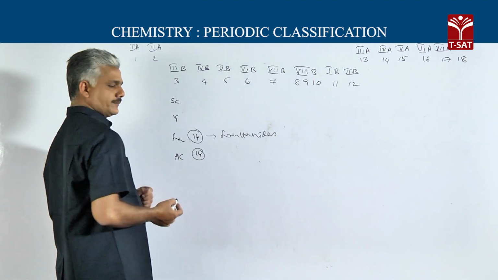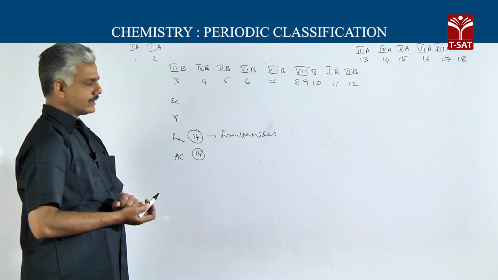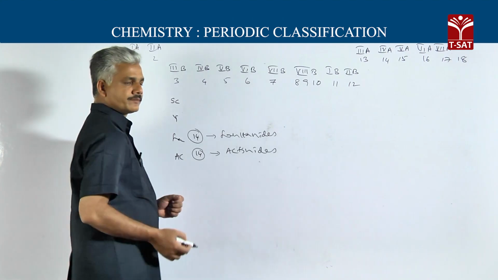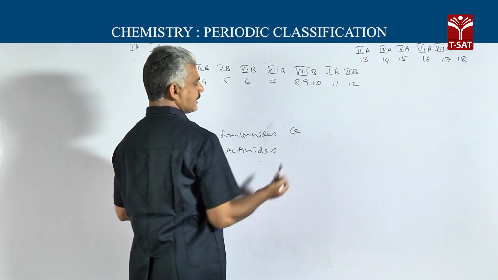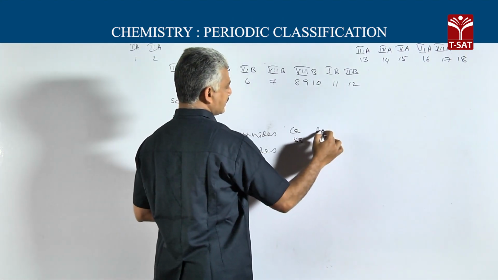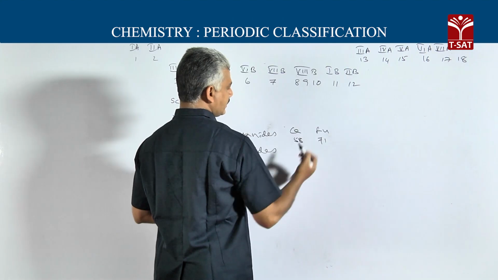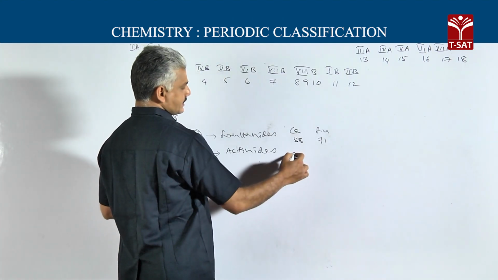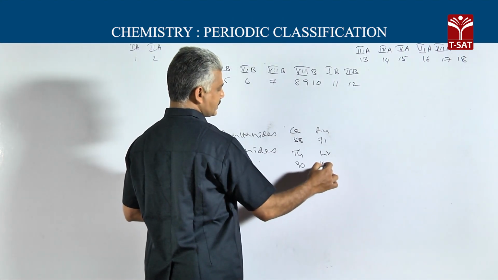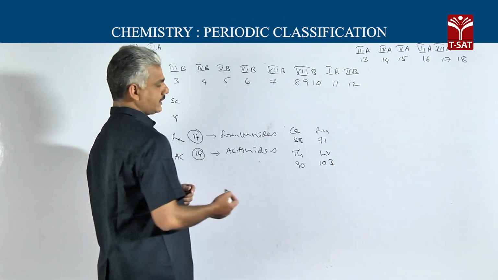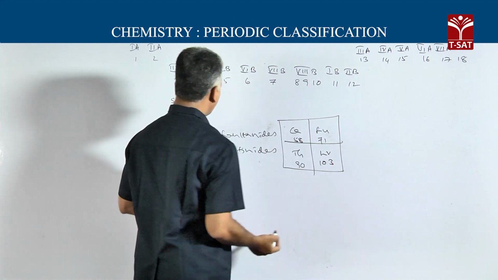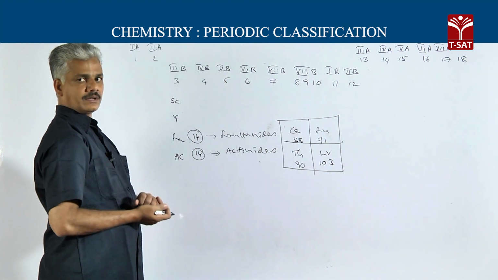Similarly, along with actinium, 14 more elements are clubbed together and they are called actinides. The lanthanides begin with the element cerium with atomic number 58 and end with lutetium, atomic number 71. Actinides begin with thorium, atomic number 90, and end with lawrencium, atomic number 103. These lanthanides and actinides belong to the same group 3B.